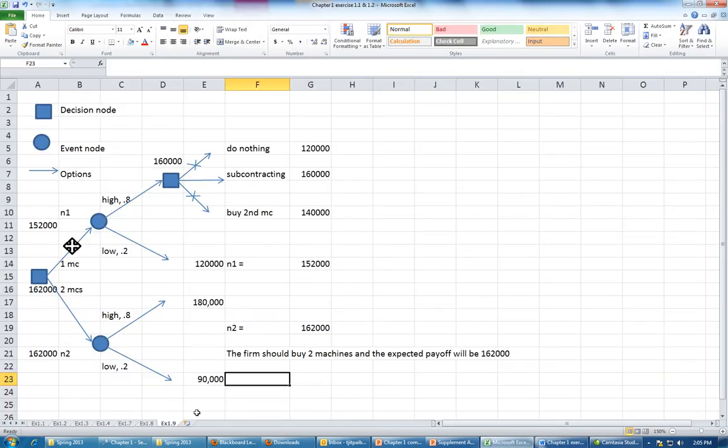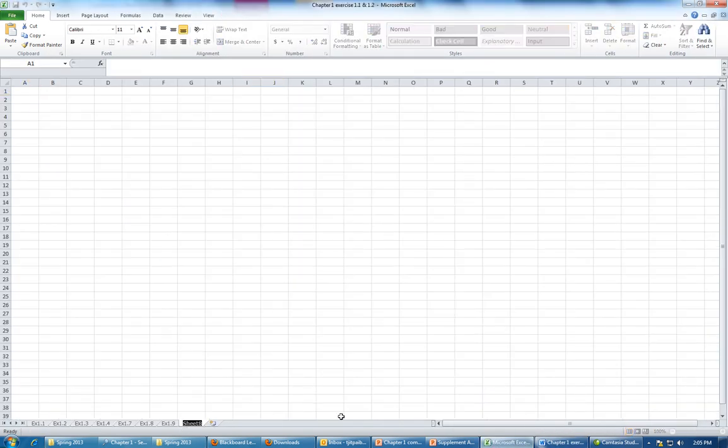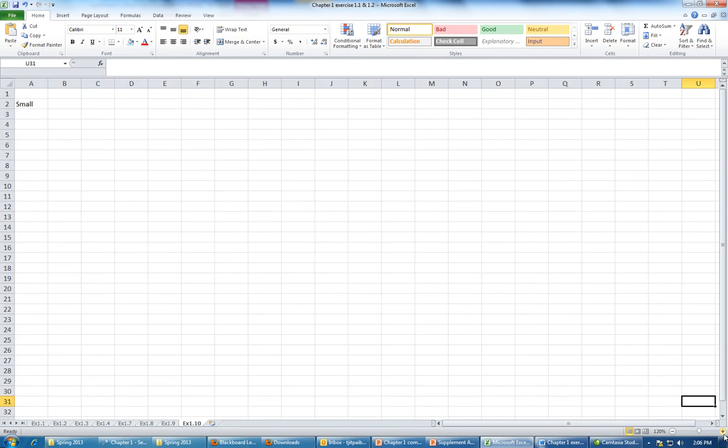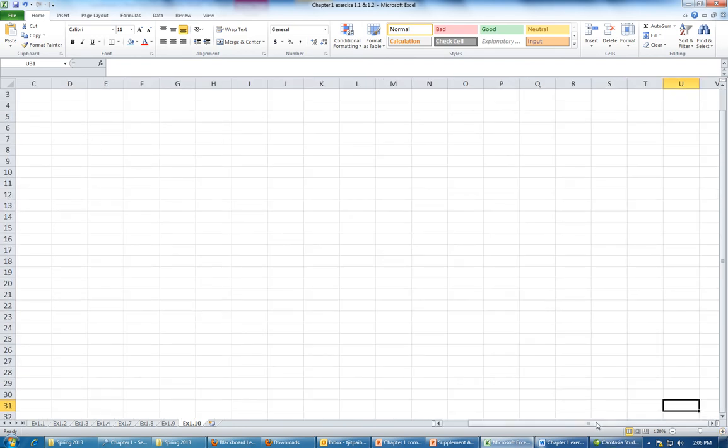On example 1.10, if you do it correctly, the small plant will get about 12.2 million.